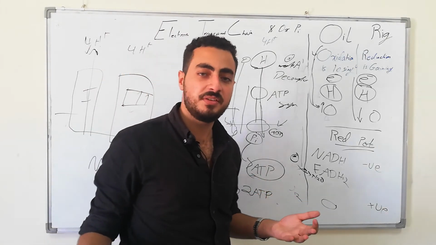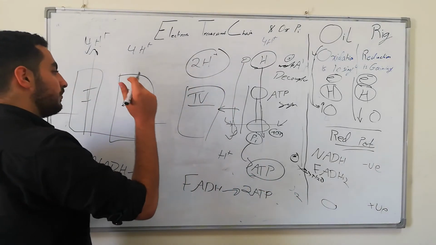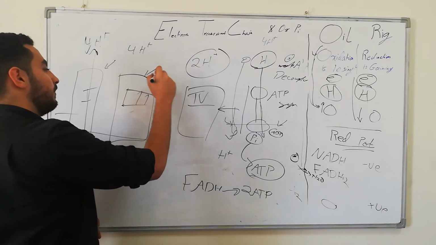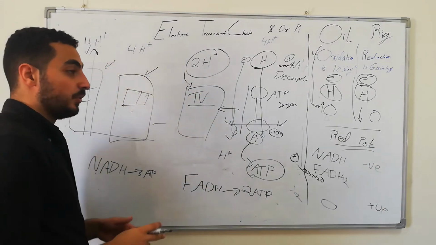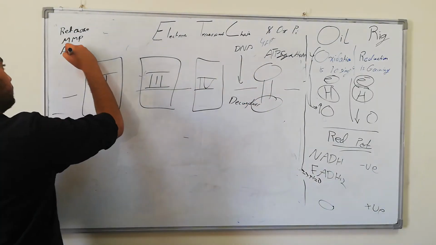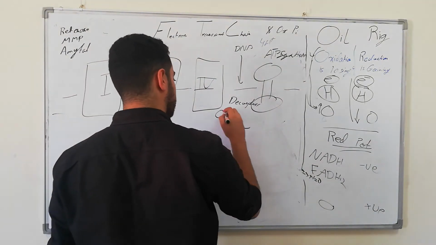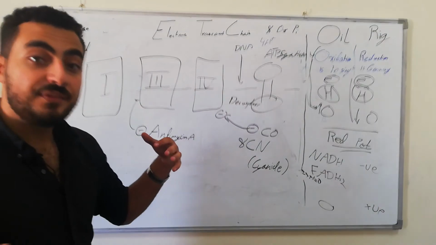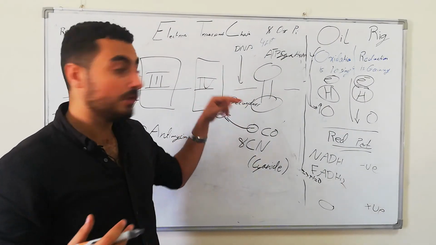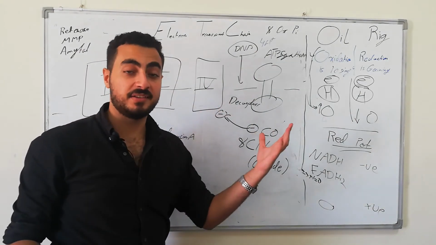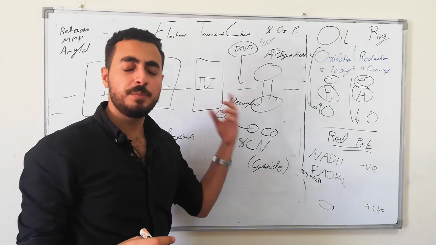There are also different types of inhibitors, so we will focus mainly on inhibitors of complex 1, 3, and 4. We've said before that there are decouplers such as DNP, which is currently used as an insecticide and illegally used as a supplement to lose weight.